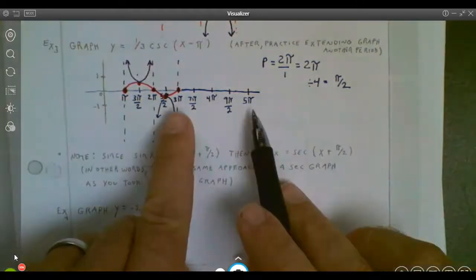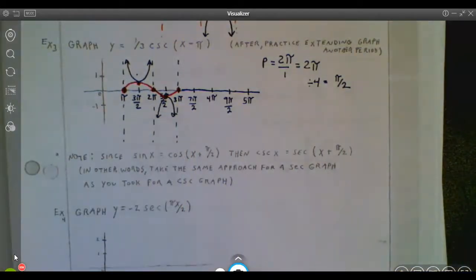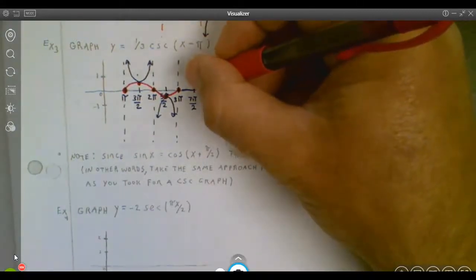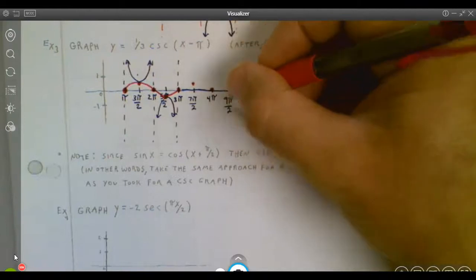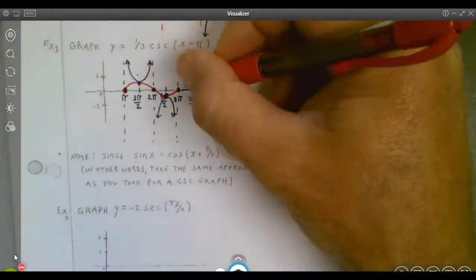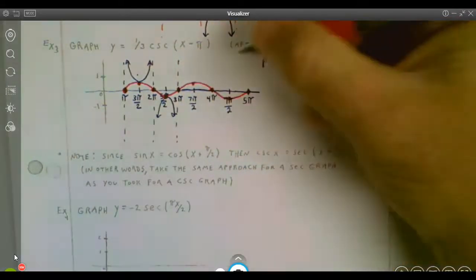And you'll notice, remember what we said, 1 full period is 2 pi. So this next one's going to go from 3 pi to 5 pi for a full 2 pi units. And so I'll just carry on the pattern. I go up 1/3, back to 0, down 1/3, back to 0. So there's that.